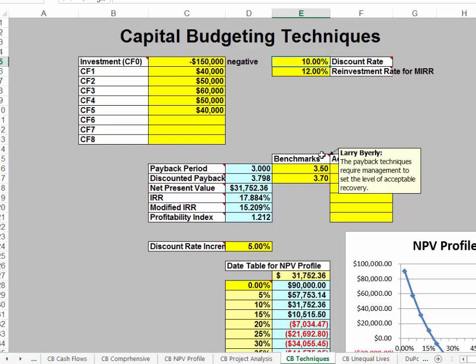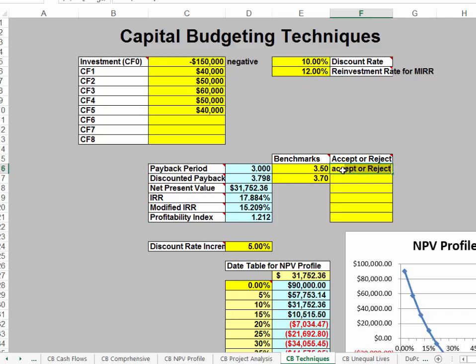It's one of the weaknesses of the payback period. But in this case, we won't do any projects unless we get our money back in 3.5 years. And of course, since we get it back in 3, this would be an acceptable project. So we would accept this project if we were only using the payback period.